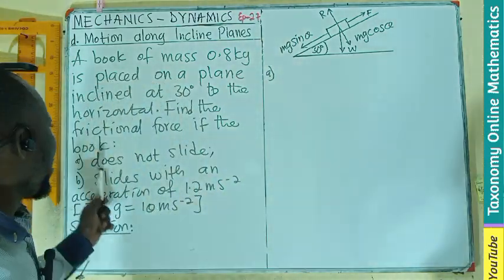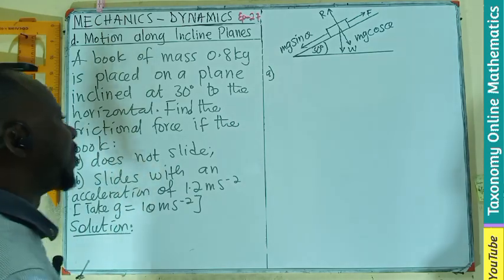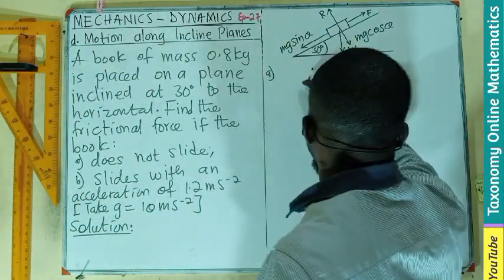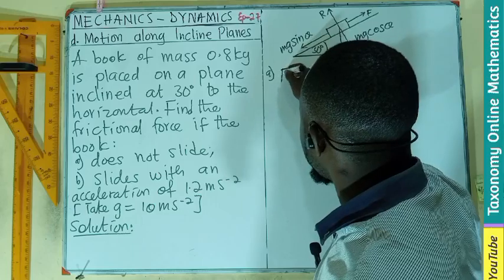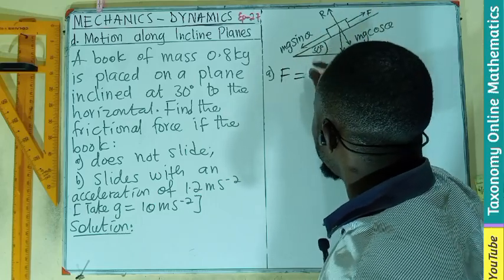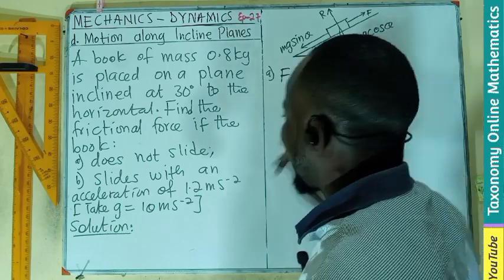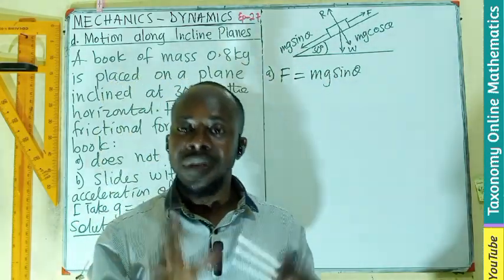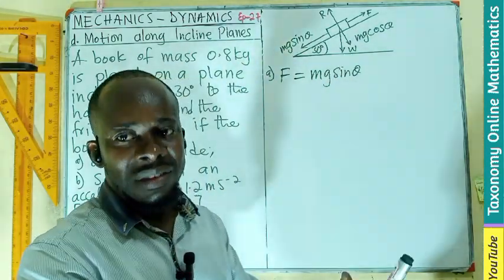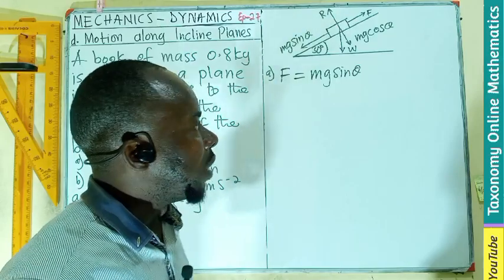So here, if the body does not slide down, it means that the frictional force is the same as the force moving down, mg sine theta. That is the reason why the body will remain at rest on the inclined plane.